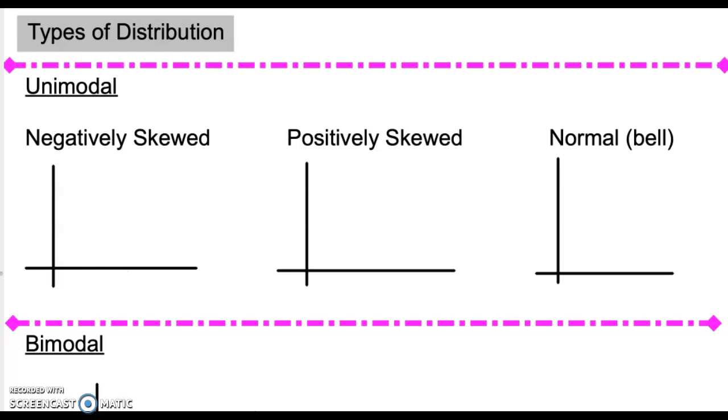Negatively skewed is when you start with a tail, and the bump is pushed over towards the more positive side. So it has this longer tail, this negative skew. Positively skewed is the opposite. You have your bump happen first, and then the tail goes towards the positive side.